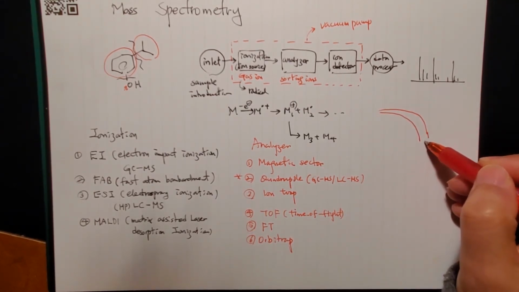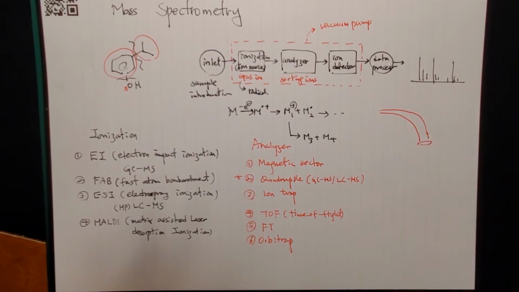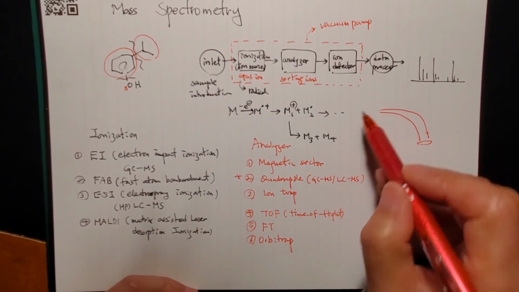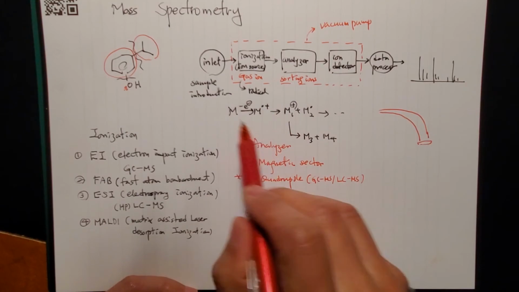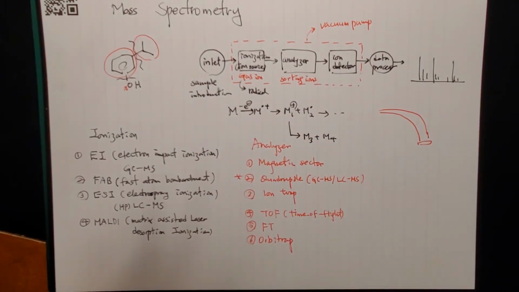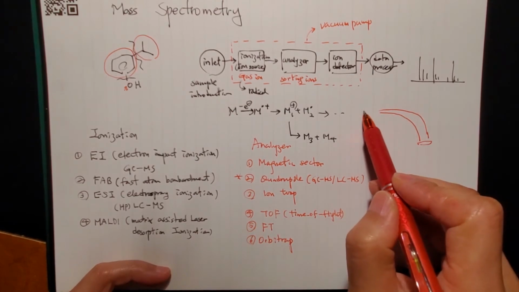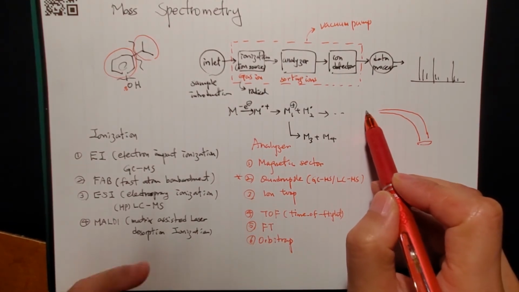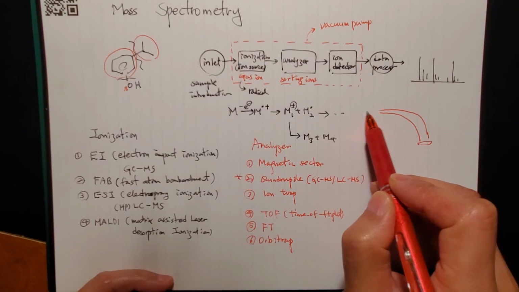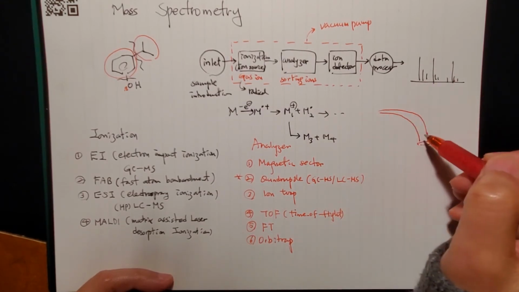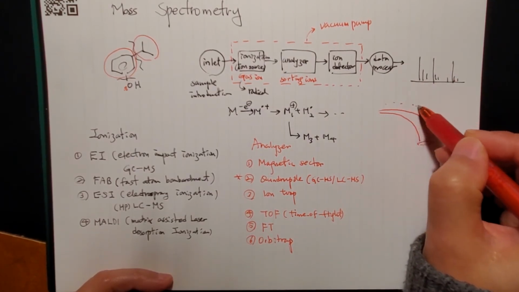Then you have a detector at this end. The whole molecule or the fragmented ions will be pushed by oscillating voltage and go through this tube while the tube is placed in the magnetic field.